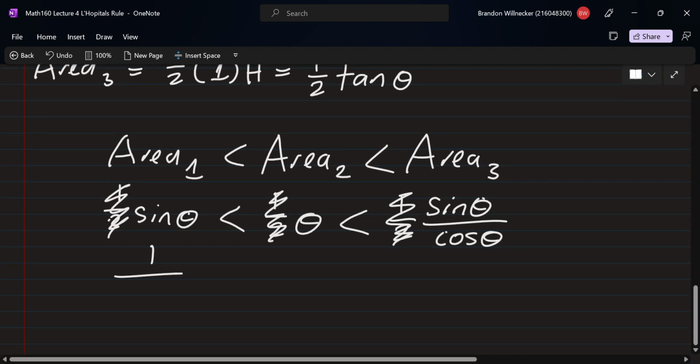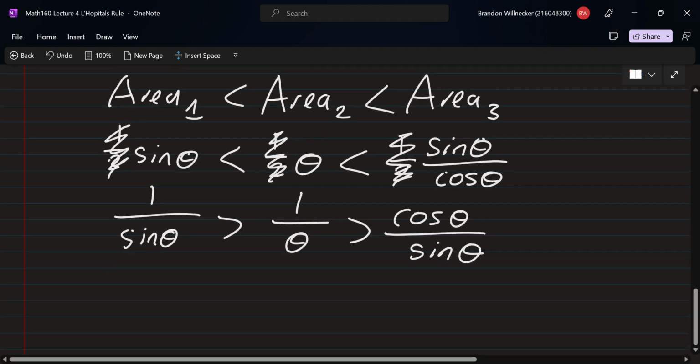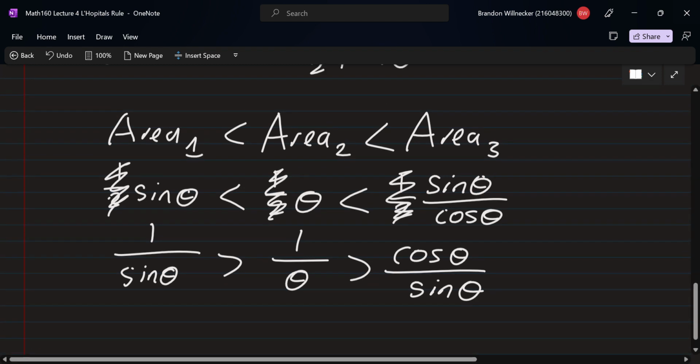So we're going to have 1 over sine theta is greater than 1 over theta, which is greater than cos theta over sine theta. Okay, so we took the reciprocal. Oh, yeah, so that doesn't really matter here.